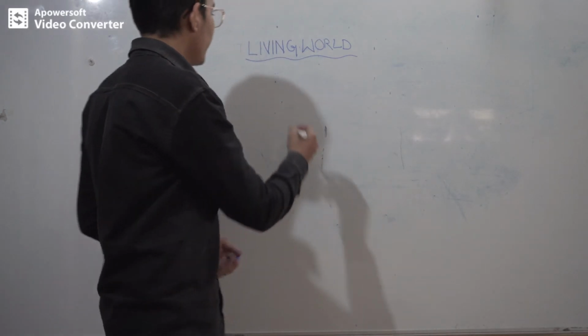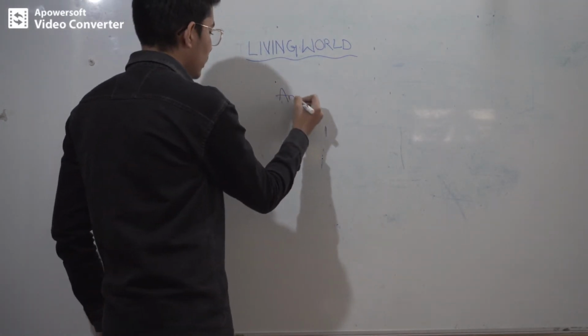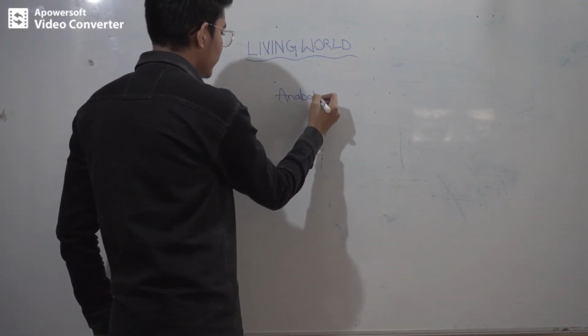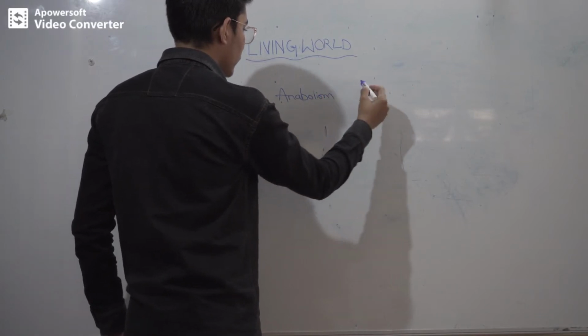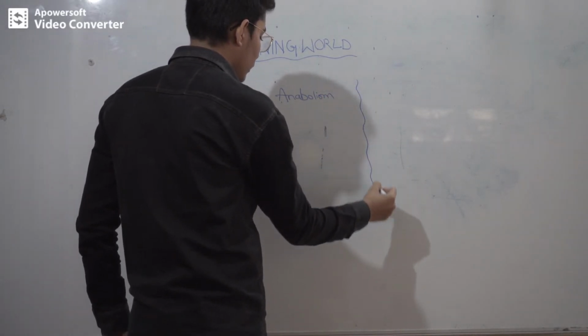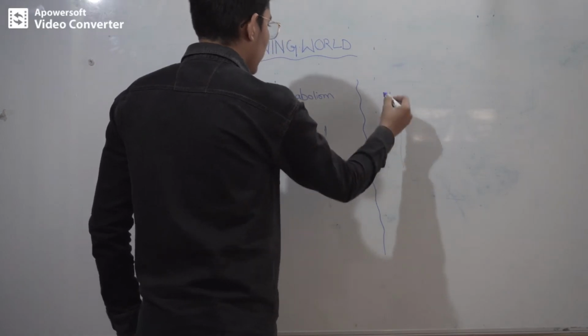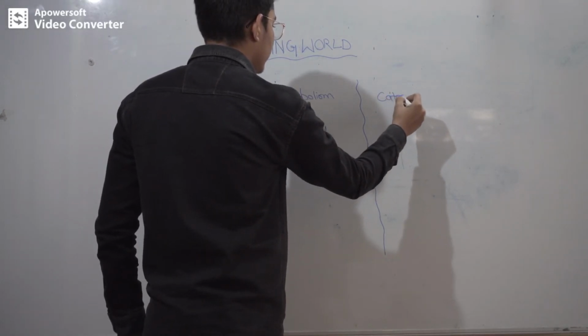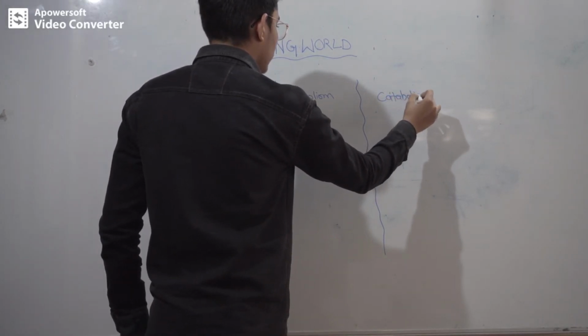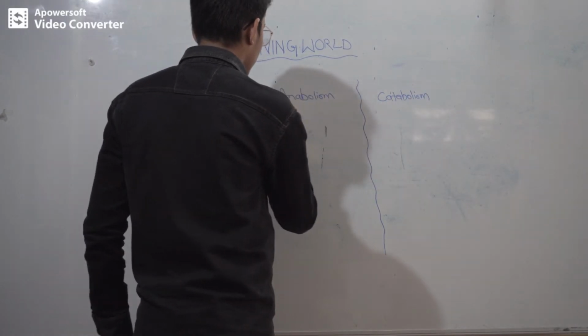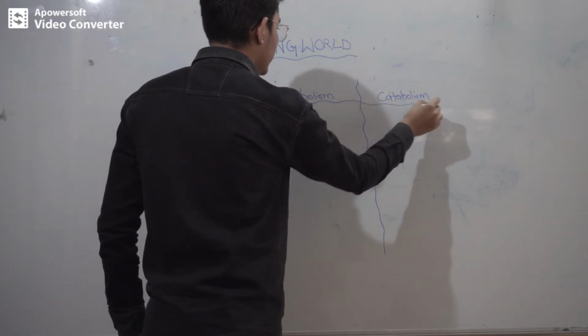So let us see now. Anabolism, the other one is catabolism. These two components.